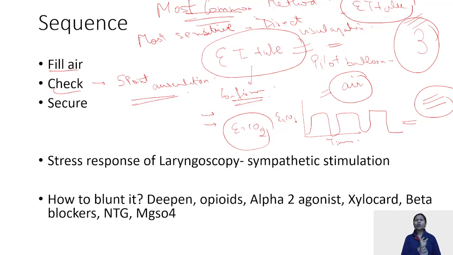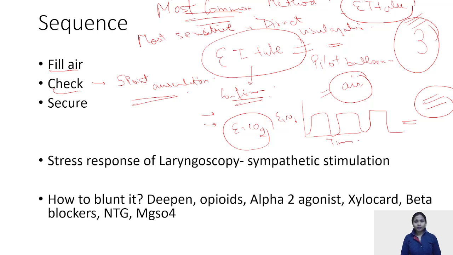The most commonly used method is your EtCO2. Or in case the fiber optic is not in the options, then even the gold standard method of confirmation is your EtCO2. Done. But if the options are both fiber optic and EtCO2, then the gold standard is your fiber optic. You have to take the fiber optic option.